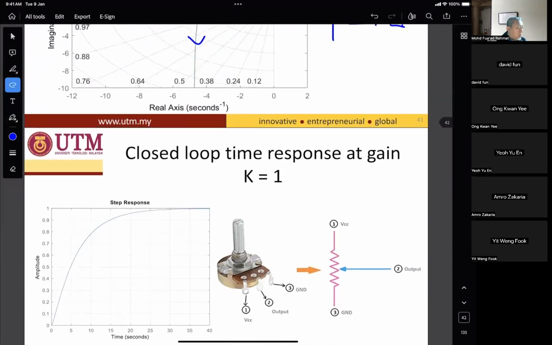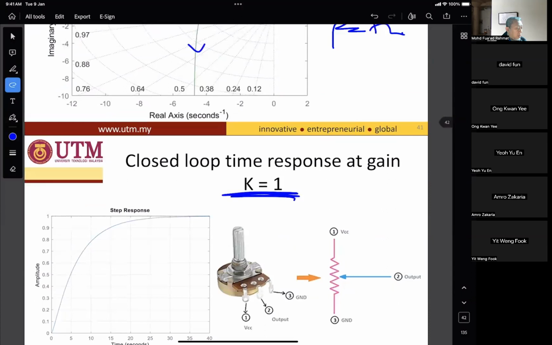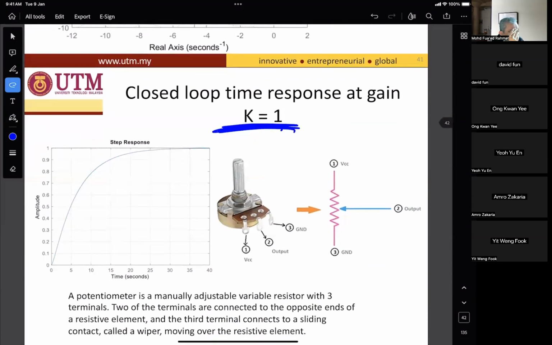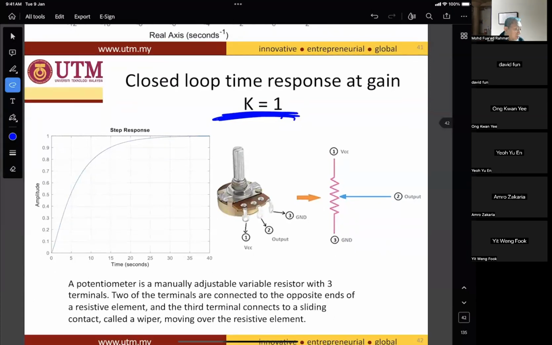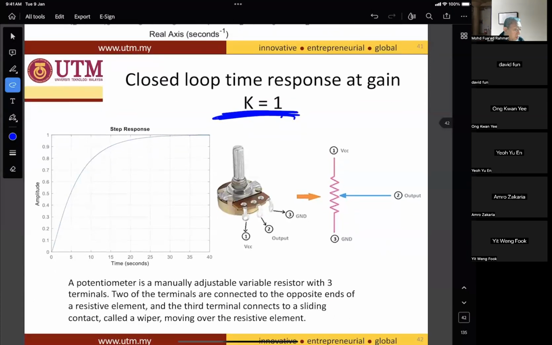So we start with k equal to 1. Gain k equal to 1. In reality, when you change the gain from k equal to 1, to 10, 20, 100, and so on, what is the hardware that you use? We use a potentiometer. This is the potentiometer, which has input, VCC, output, and ground.